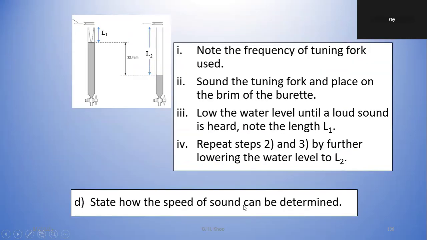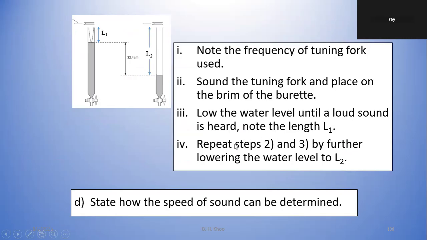State how the speed of sound can be determined. Note the frequency of the tuning fork used. Sound the tuning fork, sound means you hit it on a table or some hard surface, and place it on the brim of the burette. Lower the water level until the loud sound is heard. Note L1.